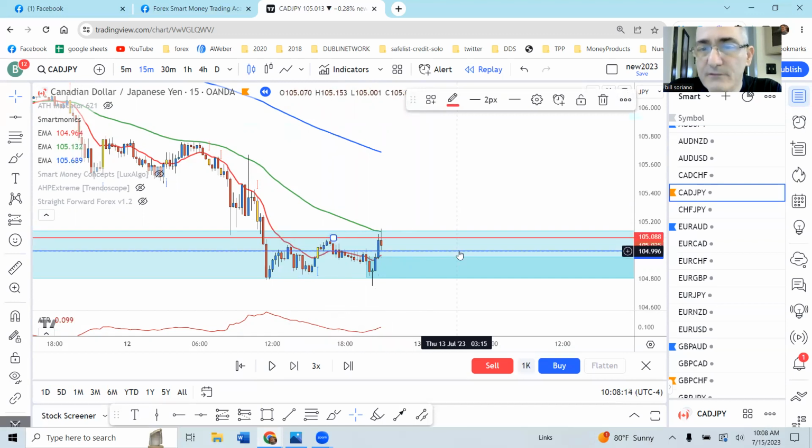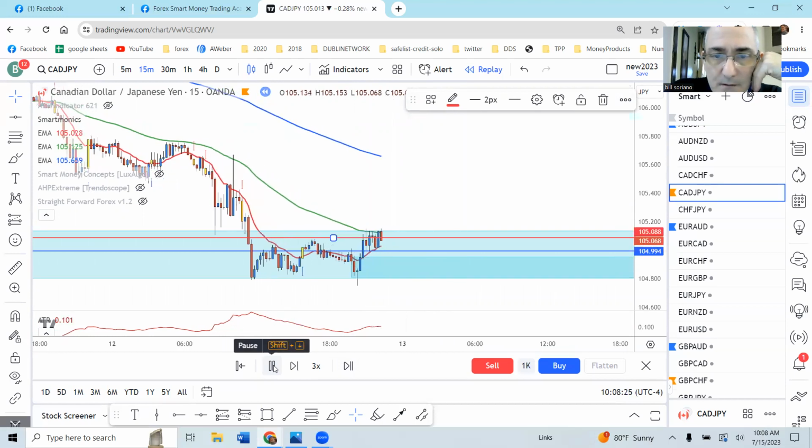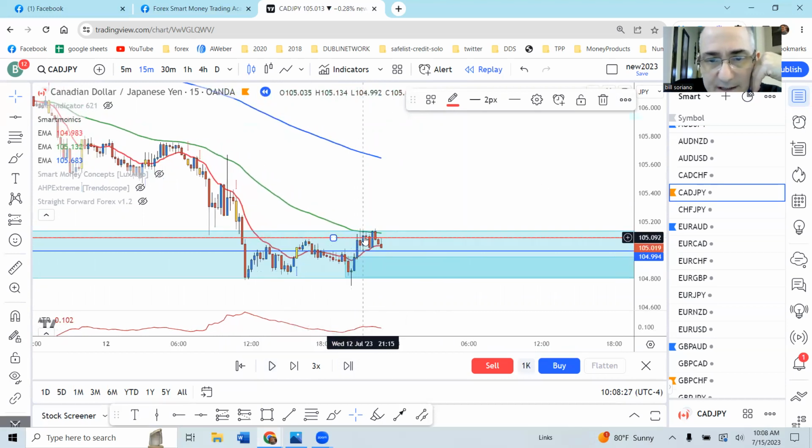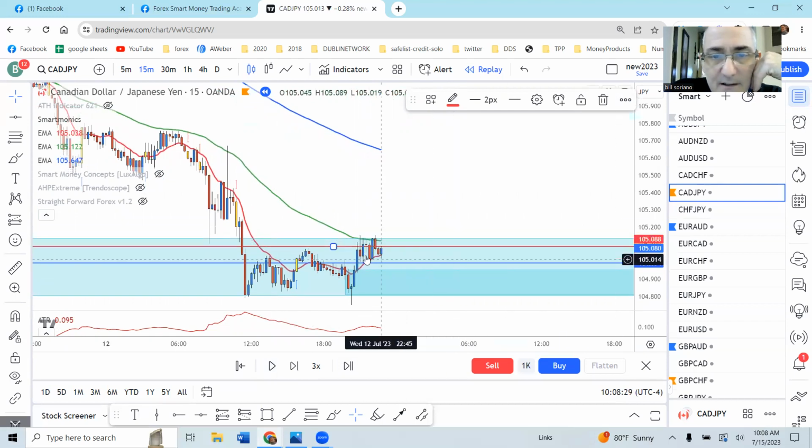We're going to look for a break of structure right there. In order to get that break of structure, we need a candle to close above that line. So right there, we get a candle close above the line, and we get our change of character, or break of structure.